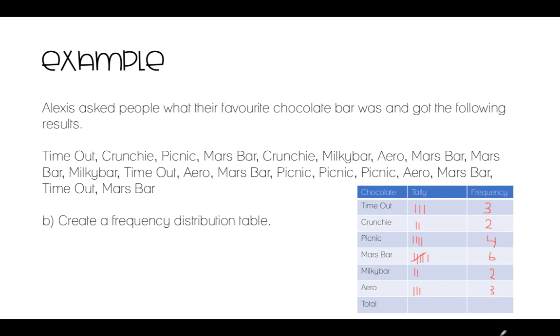Now if we did this all correctly and added these all up, they should add up to our sample size of 20. What was the most popular chocolate bar? Well, it was our Mars bar at 6.